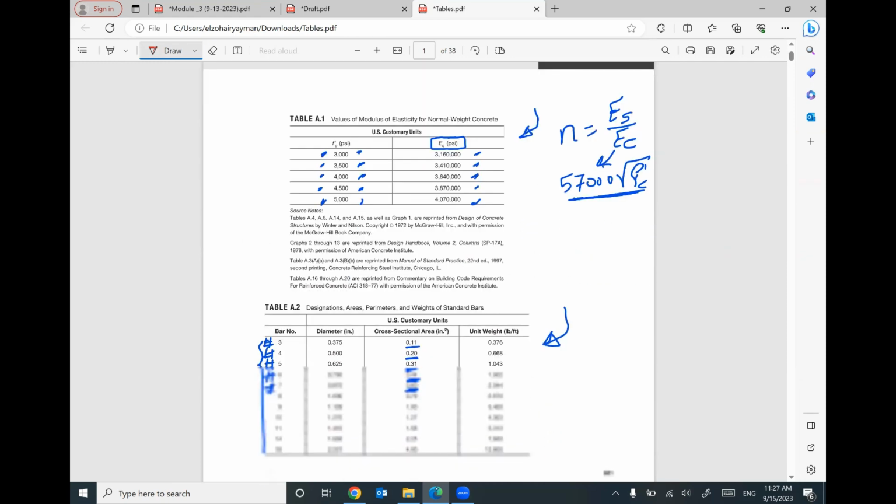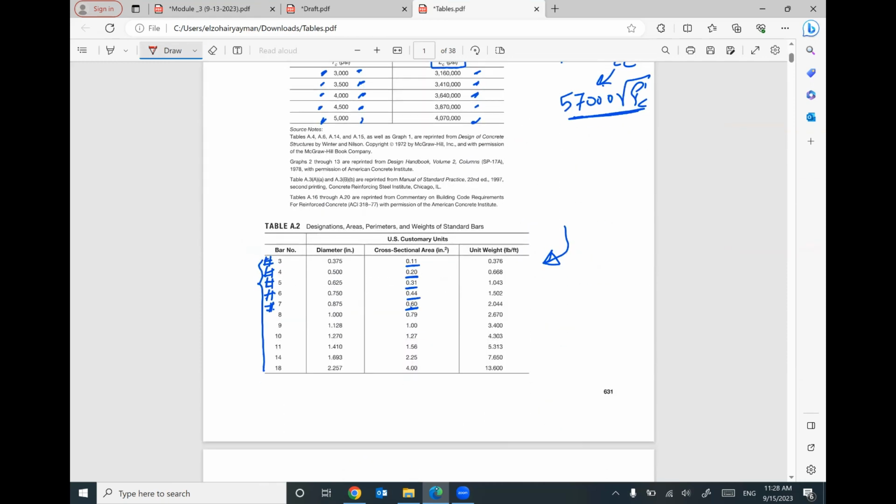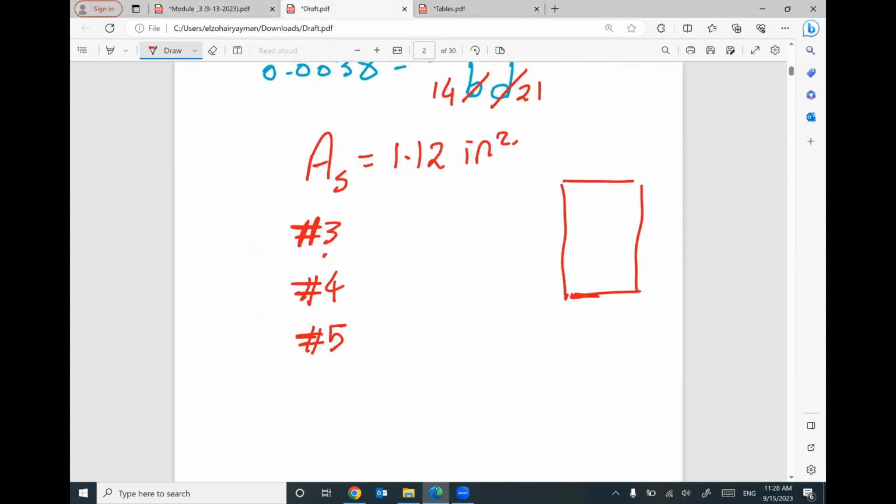For number 3, the area for this rebar is 0.11. So if you divide 1.12, the required area steel, by 0.11, the area for one rebar number 3, looks like I will need 11 rebars number 3.